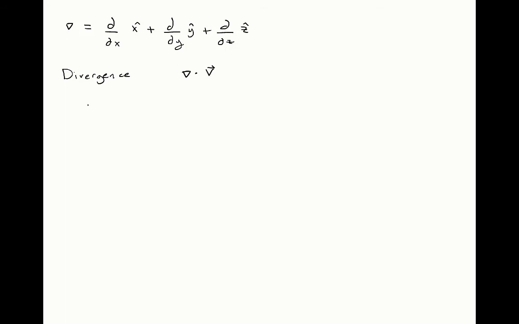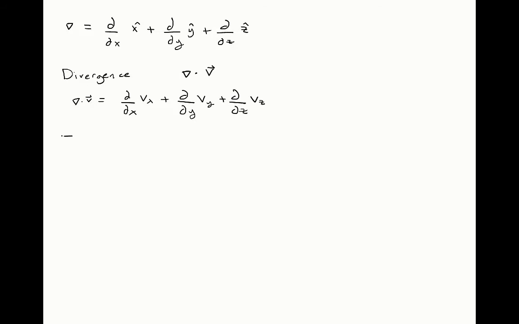So what does that actually look like? So let's write out what this is. So the divergence of V is the derivative of the x component with respect to x plus the derivative of the y component with respect to y plus the derivative of the z component with respect to z. Remember, the dot product is a scalar, divergence is a scalar.